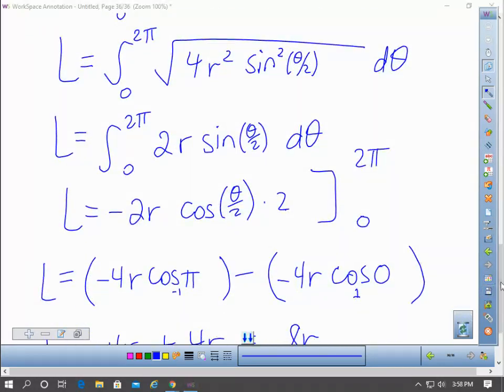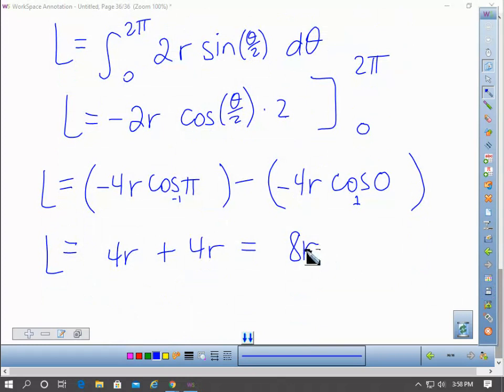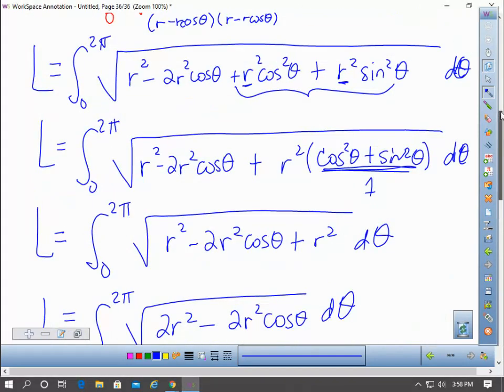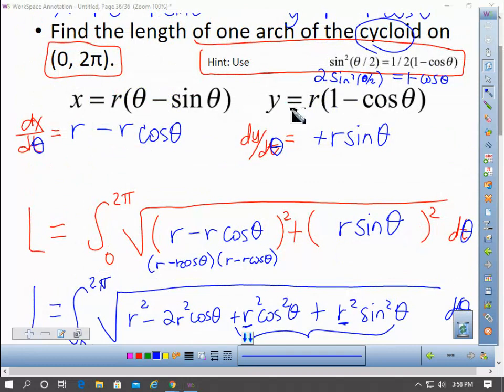If our radius was 3, then the arc length of one of those arches is 24. If the radius was 5, then the arc length of one of those arches is 40. So it just depends on what radius your cycloid has; the length of each arch is 8 times r.